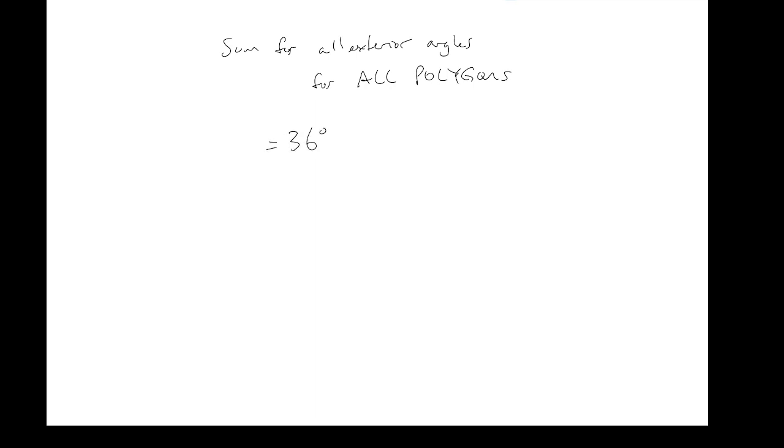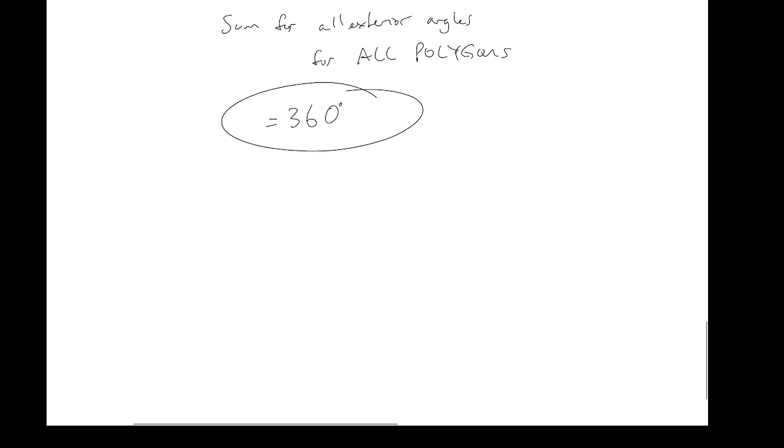It's 360. This is what I mean by exterior angles. So let's say we have a pentagon. So we have a line here, line here, and here, line here, line here, right? 1, 2, 3, 4, 5. This is what I mean. Here's exterior. This guy's X.